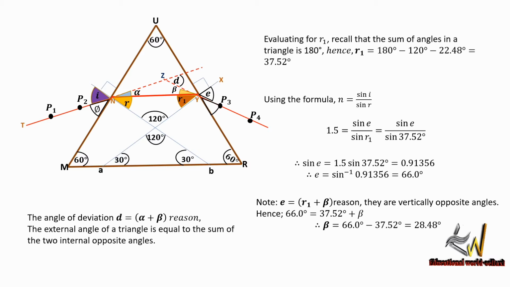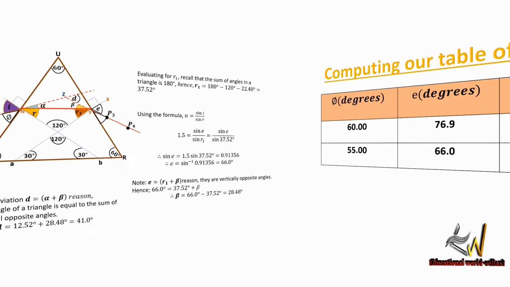Just like I said earlier, the external angle of a triangle is equal to the sum of the two opposite internal angles. So the angle of deviation D is equal to alpha plus beta, which gives us 12.52 plus 28.48, which is equal to 41 degrees.